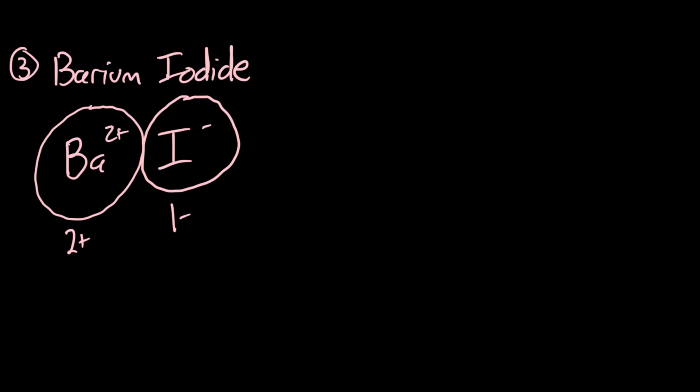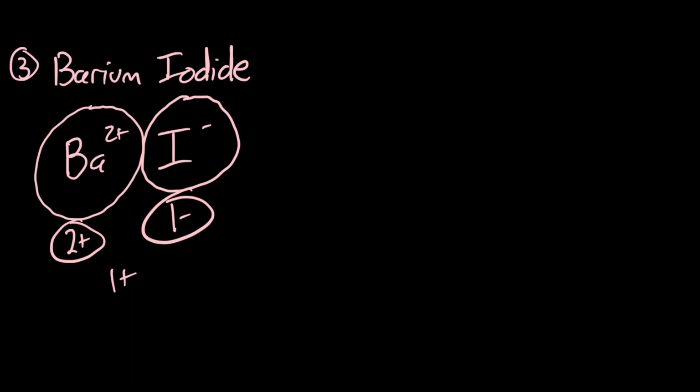So we can see that these two charges will not neutralize one another. If we take the overall charge from a 2 plus and a 1 negative, we will still have an overall charge of 1 plus. And since ionic compounds have to be neutral, we must figure out a way to make this compound neutral.